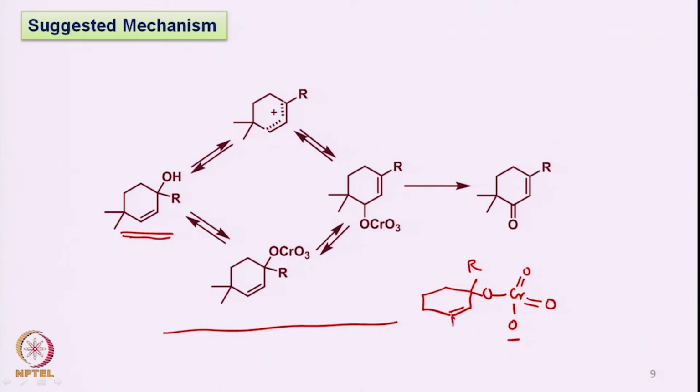Now, you have one hydrogen here. This part has come by reacting the tertiary alcohol with pyridinium chlorochromate or any chromium reagent.